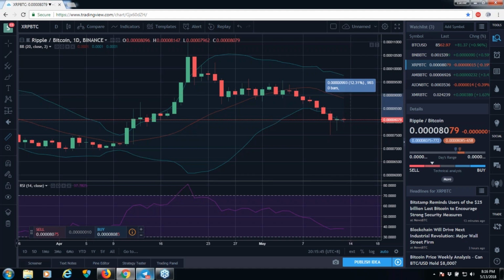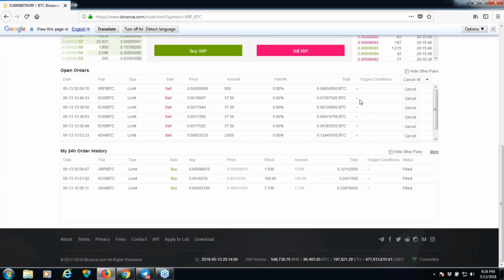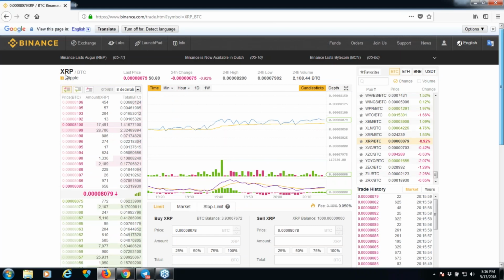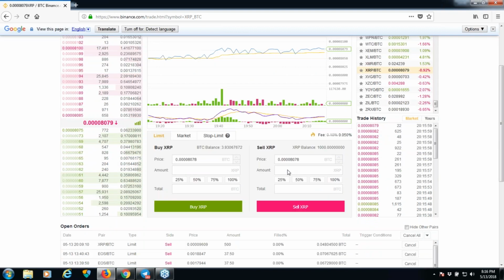So let's jump over to my Binance account, and we're on XRP Ripple. We always want to go up here and make sure we're on the right one. And I go down, I've got 1,000 left. So remember what we say, 85.95. So I'm going to go here. Be gentle with me. Work for me. Here we go.